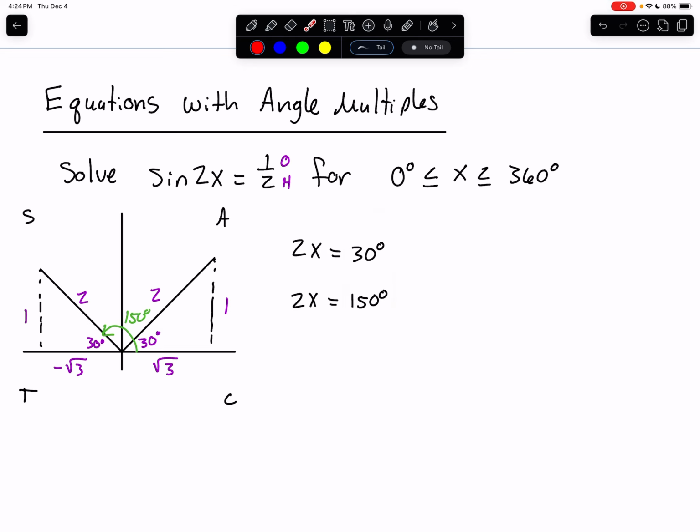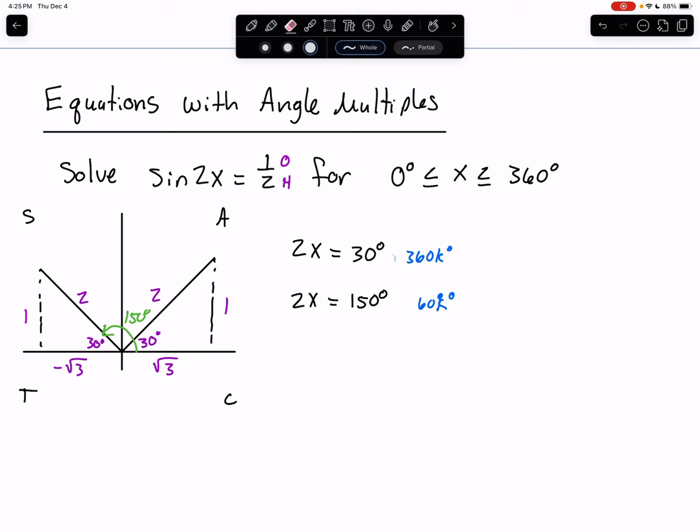Some textbooks will write down what all solutions look like: your angle plus 360k. And then when you finish solving, continue to add that bit until you're outside of the interval.